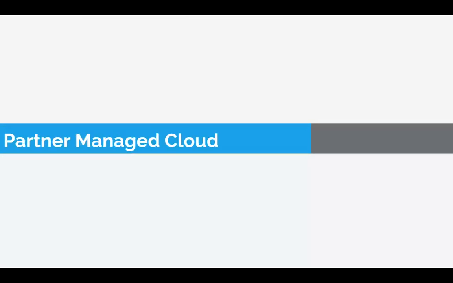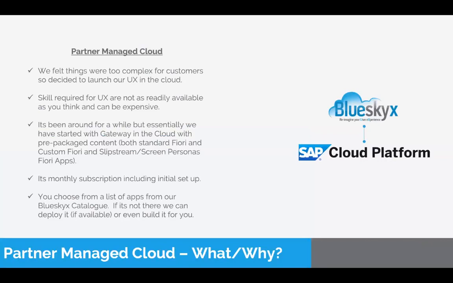To talk about what a partner-managed cloud is, just to explain. So again, SAP Cloud Platform is quite daunting. Some people don't really know where to start. What partner-managed cloud is, it's basically a partner managing the SAP Cloud Platform for that particular customer, typically with services and IP. So whether it's their applications or third-party applications, they bring something to the table.